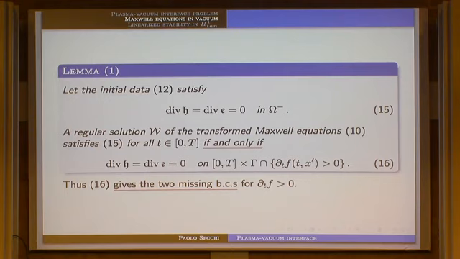So this gives the 2 missing boundary conditions. We want to have the constraints for all times, and this is true. Of course, we require it at the initial time, but we can get it if and only if we have 0 for that part of the boundary where the 2 boundary conditions are missing.